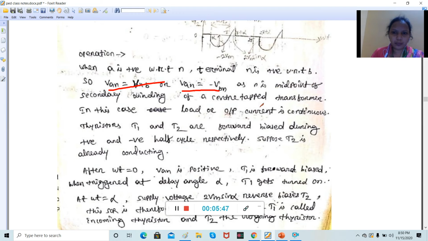In this case the output current is continuous. We are assuming the output has a continuous waveform. Thyristors T1 and T2 are forward biased during the positive and negative half cycle respectively. We suppose that previously T2 is already conducting and now thyristor T1 is forward biased.